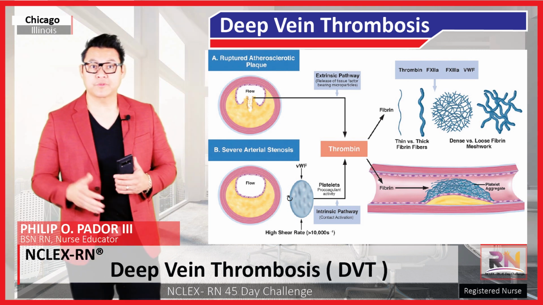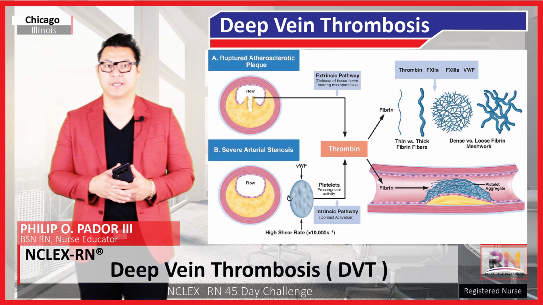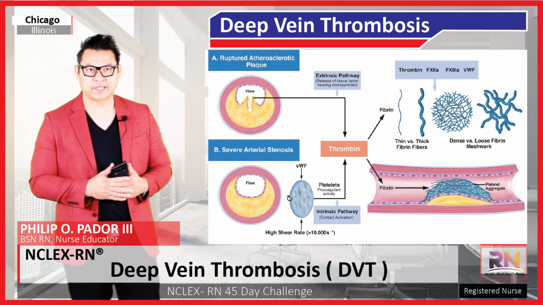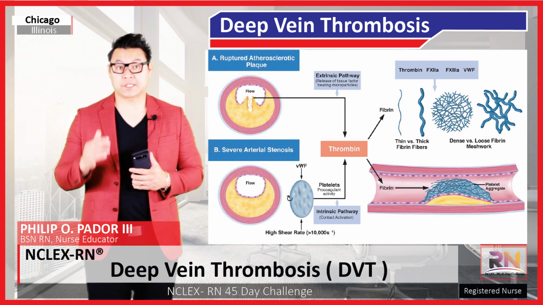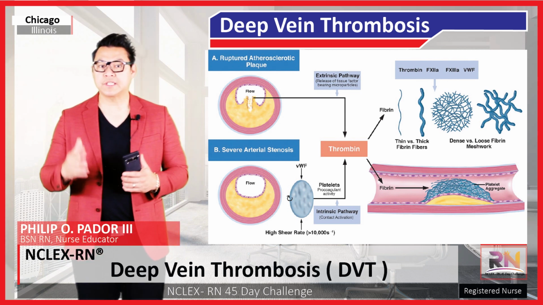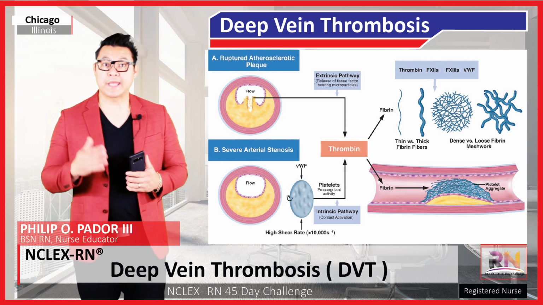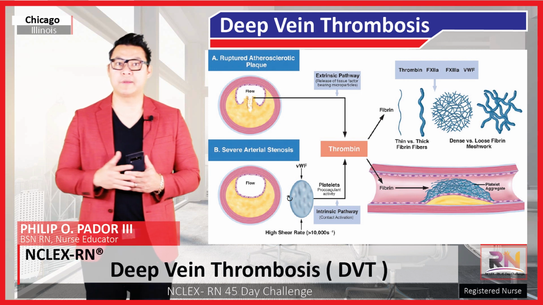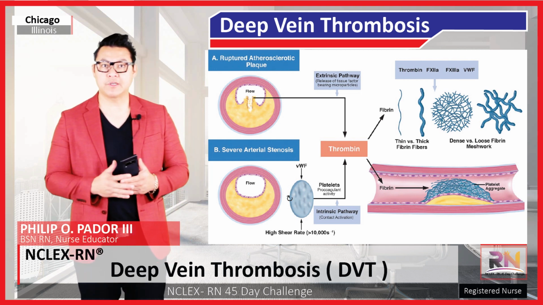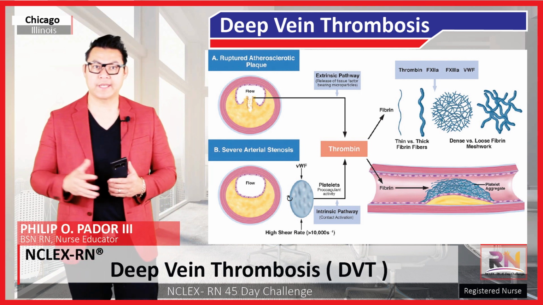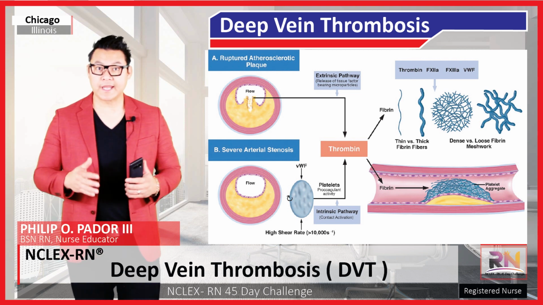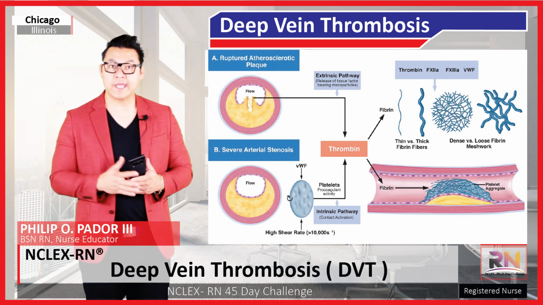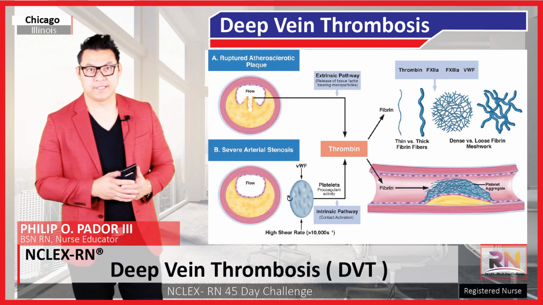Let us briefly go through the coagulation cascade. There are two pathways in the clotting cascade, the extrinsic pathway and the intrinsic pathway. Both lead to a common pathway, which is the activation of factor 10 to factor 10A. 10A in turn activates factor 2, or prothrombin, to factor 2A, which is known as thrombin.